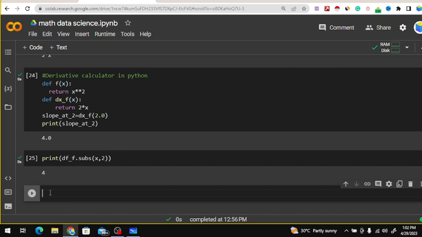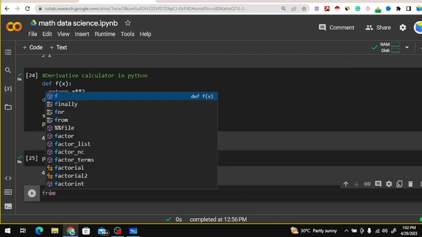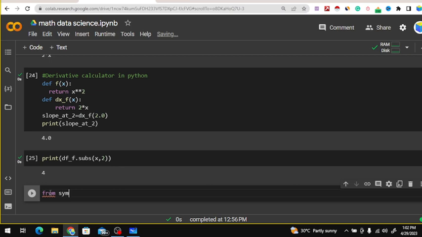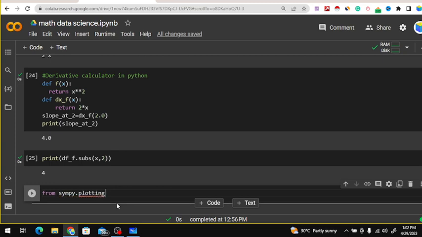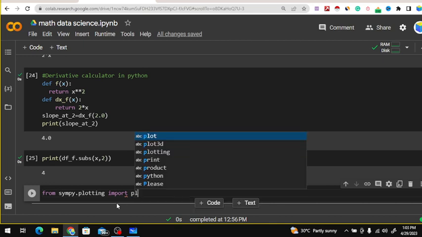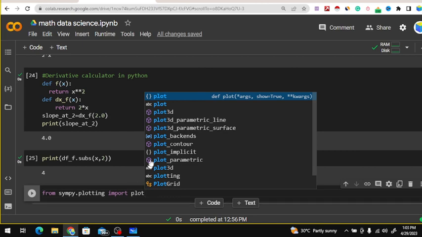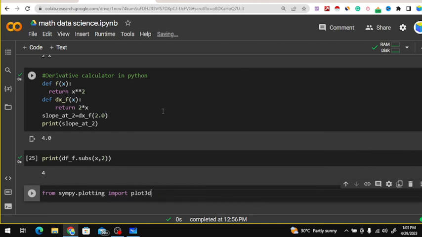For that we need to import one more SymPy library: from sympy.plotting import plot3d. Now declare x and y in SymPy.